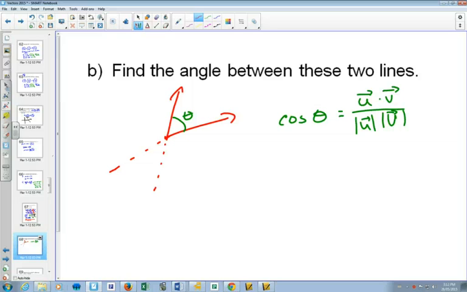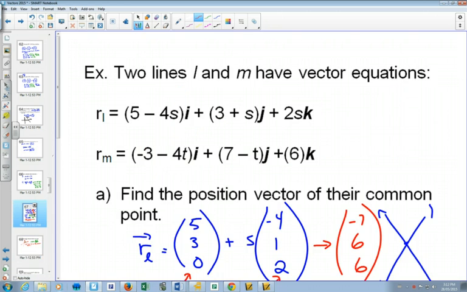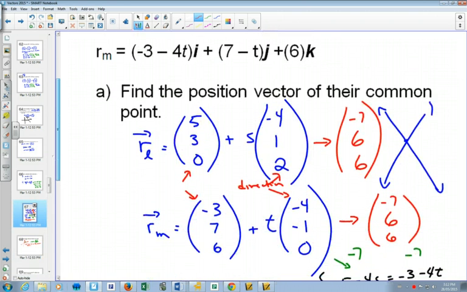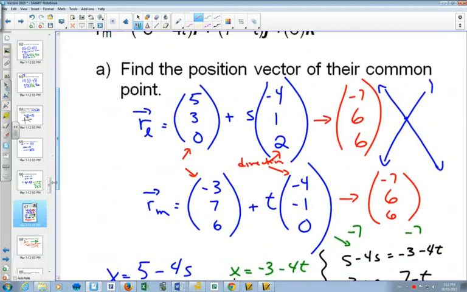By the direction. So we have to use our direction vectors. So our direction vectors, going back here, were negative 4, 1, 2. And our other direction vector, negative 4, negative 1, 0.